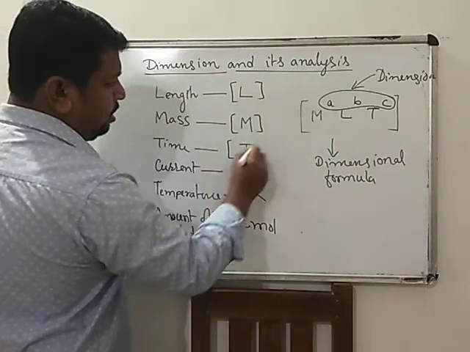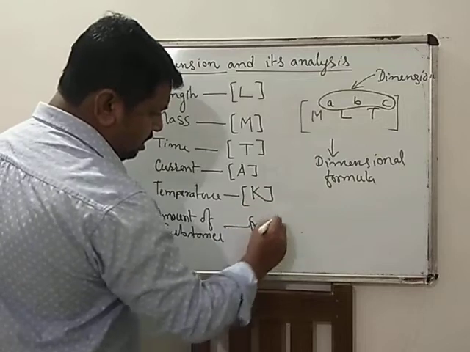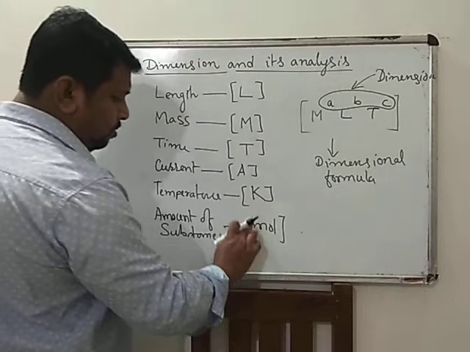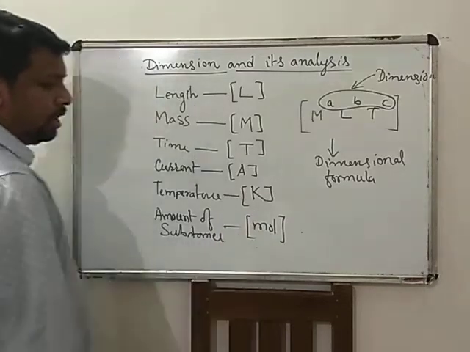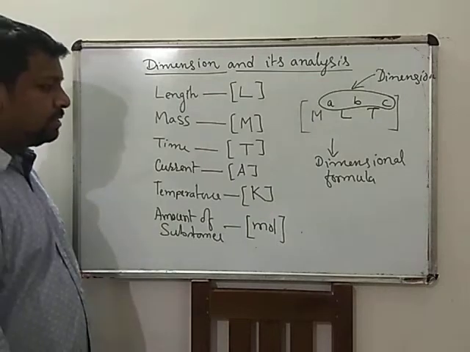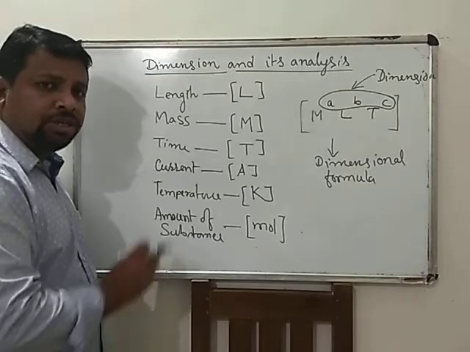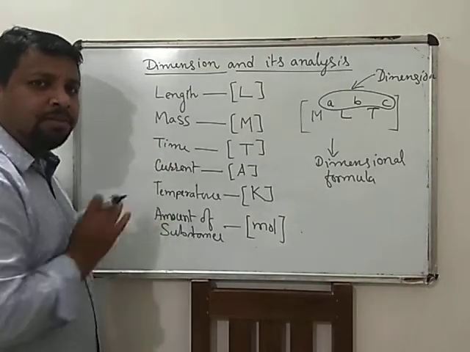When we express them in a formula, they are written inside a square bracket. Length, mass, time, current, temperature and amount of substance. So this is the dimensional formula of fundamental quantities.